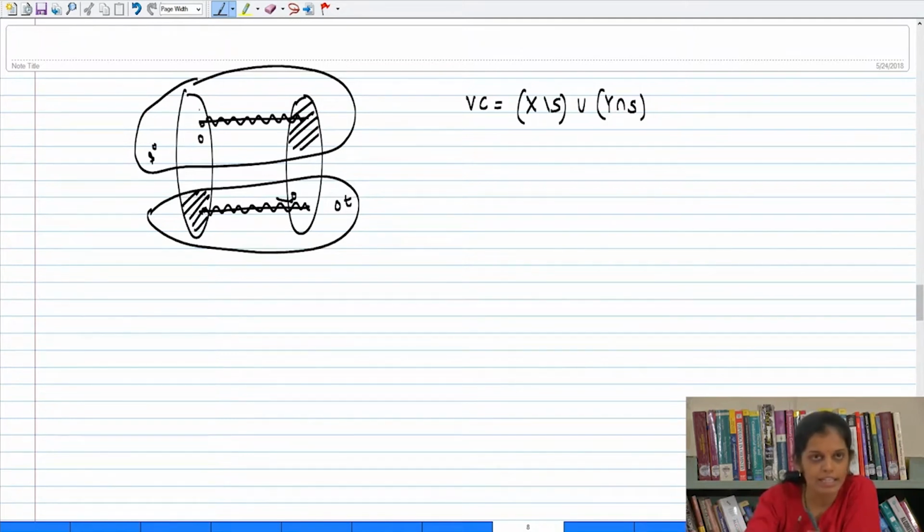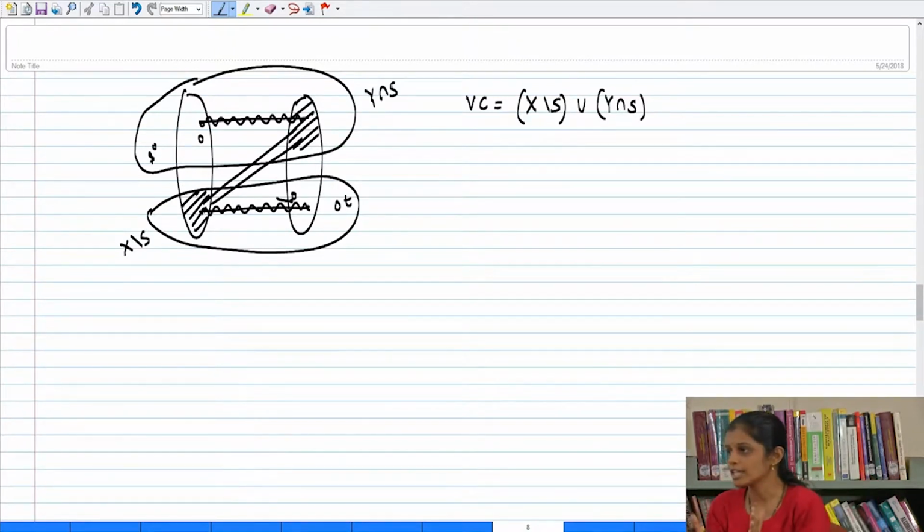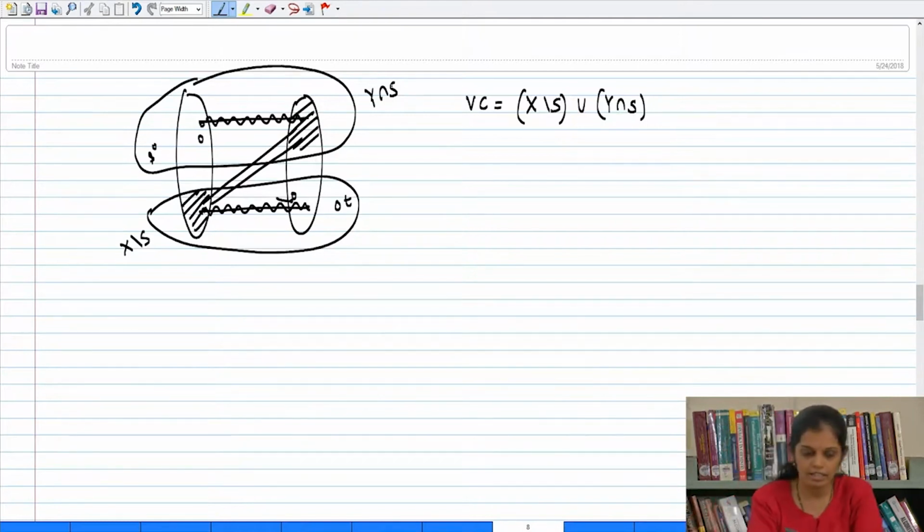Unmatched edges can never cross in the form that S intersection X to Y minus S, there cannot be any such edges. Can there be unmatched edges of this kind? Can there be unmatched edges from this part, that is X minus S to Y intersection S? There is a difference between an unmatched vertex and an unmatched edge. All the vertices here are matched, all the vertices here are matched, but between two matched vertices there can be an unmatched edge, right.